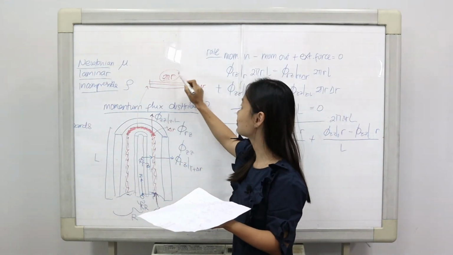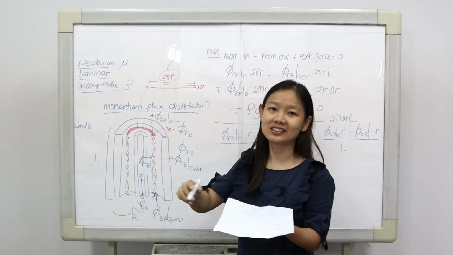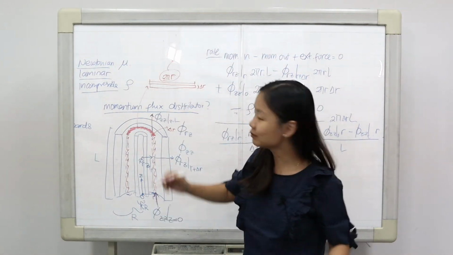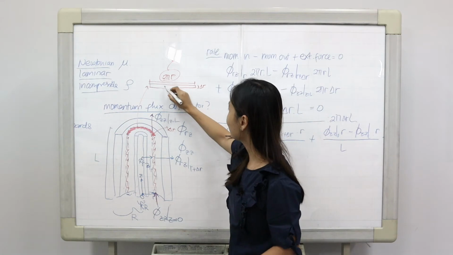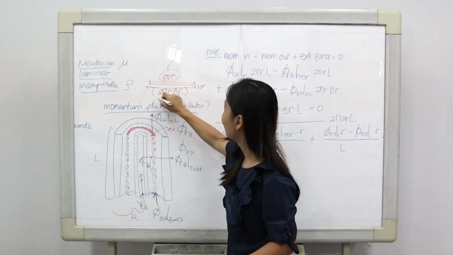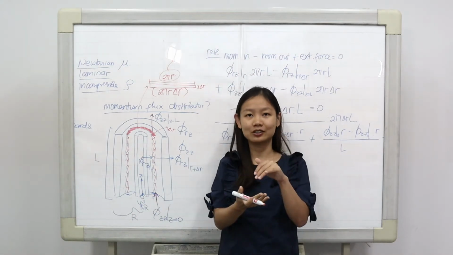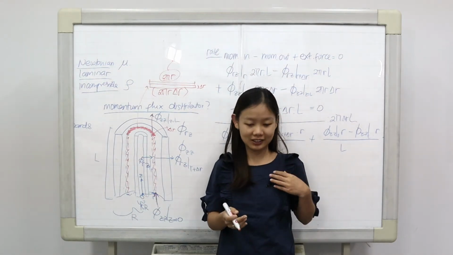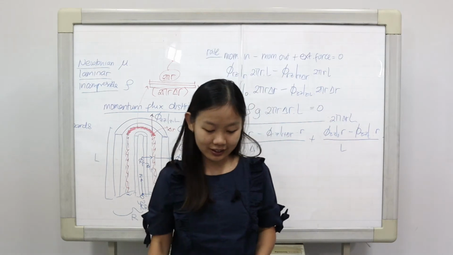This comes from the circumference of the circle. That's why we have 2πR delta R as the area perpendicular to the VZZ. Is that clear enough?